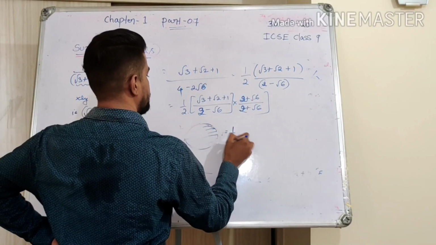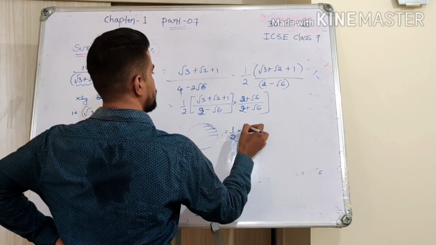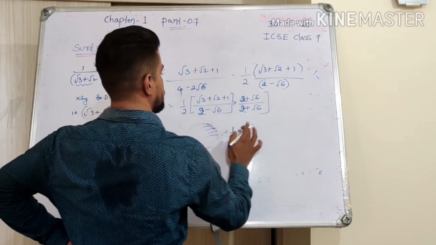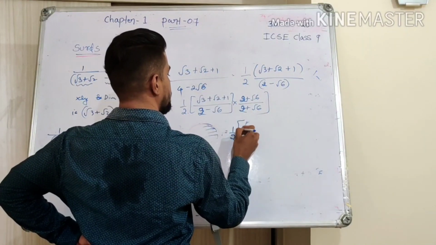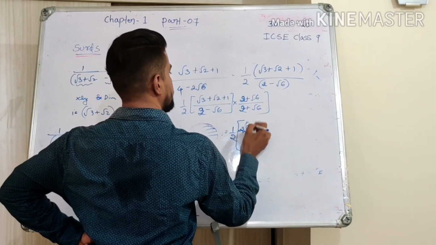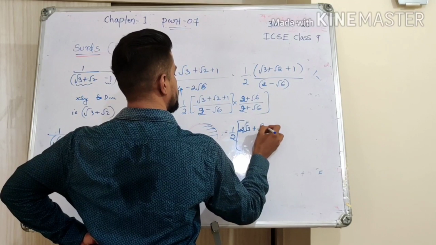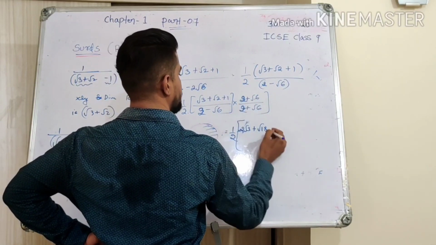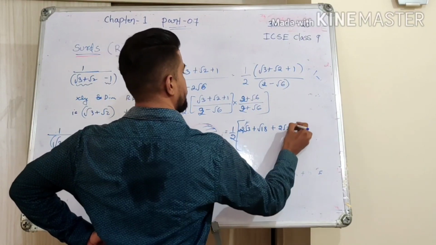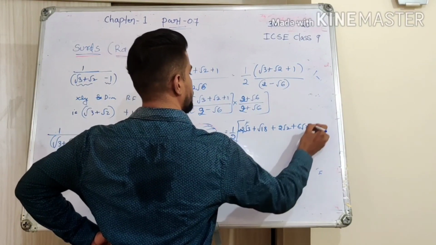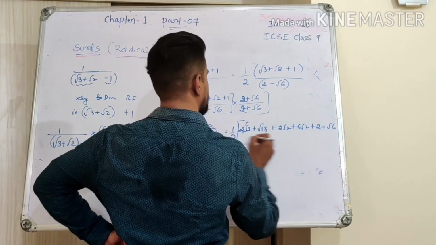So we end up with 1 by 2 into, we need to multiply this. So what we are going to do is 2 into root 3 as it is. And then root 6 into root 3 is root 18. And root 2 into root 2 is 2 root 2 plus 6 root 2 and 1 we have to multiply 2 plus root 6.